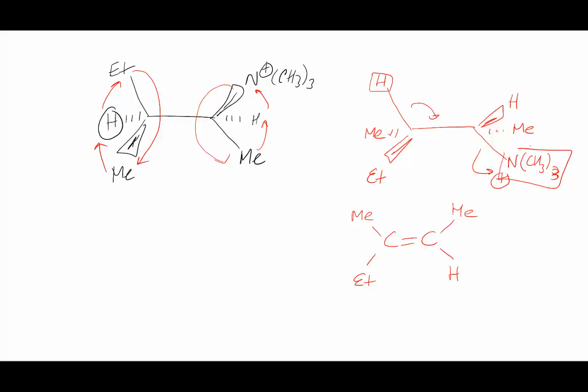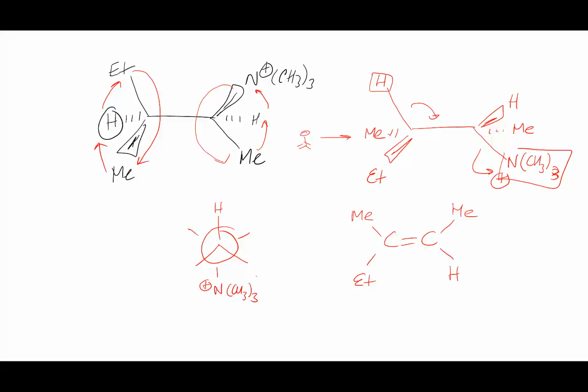Now, you could look at it as a Newman projection. You could say, I'm going to be over here, looking at it that way, so that the hydrogen and the methyl group and the ammonium group are now anti-periplanar.